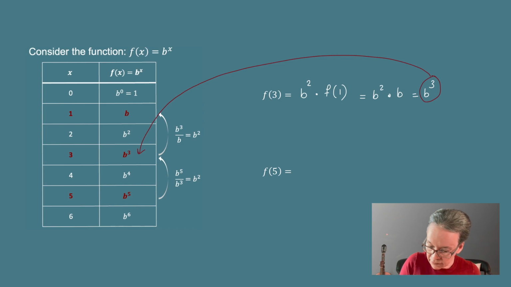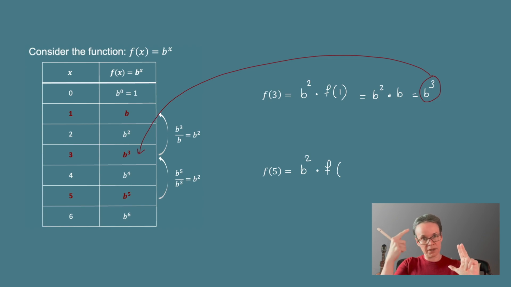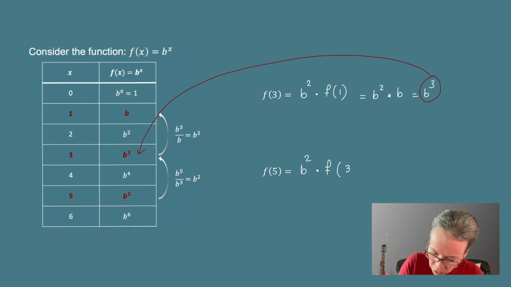For f of 5, going back to the table, when x is 5, f of 5 should be b to the fifth. But I want to be able to show you how we can get the same thing by working with the y value 2 steps back and the fixed ratio, of course. So in this case, f of 5 will be equal to the fixed ratio, b squared, times the y value at, if we have 5 and we subtract 2 because of the 2 steps back, we're going to end up getting 3.